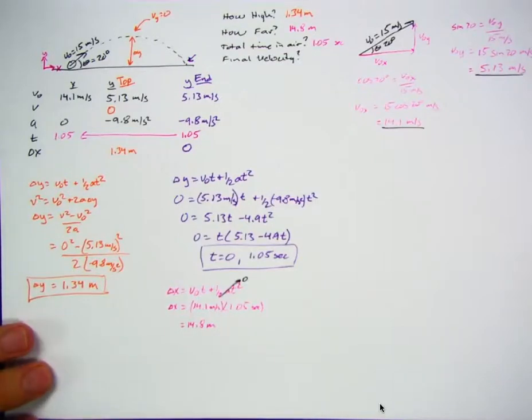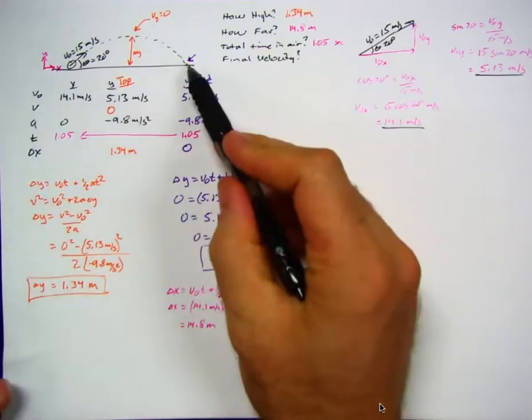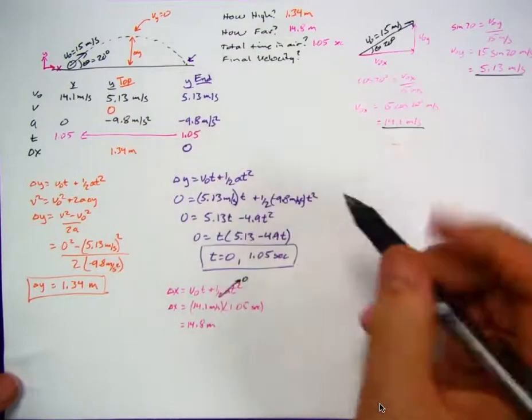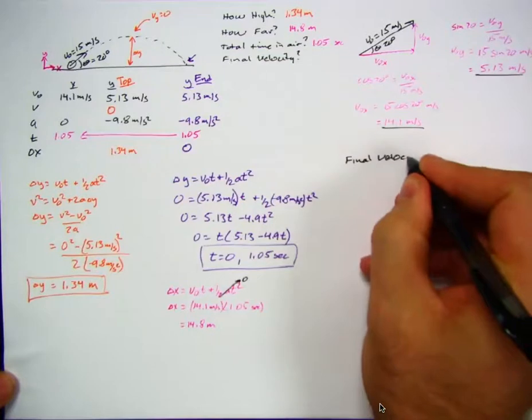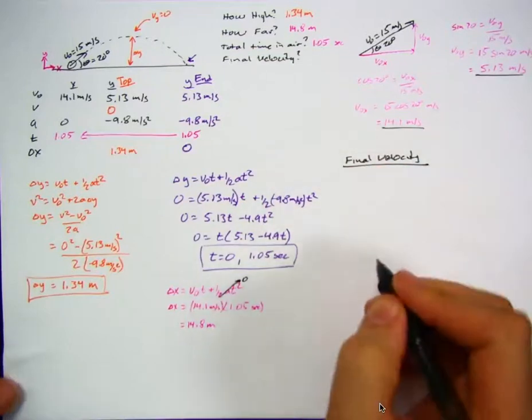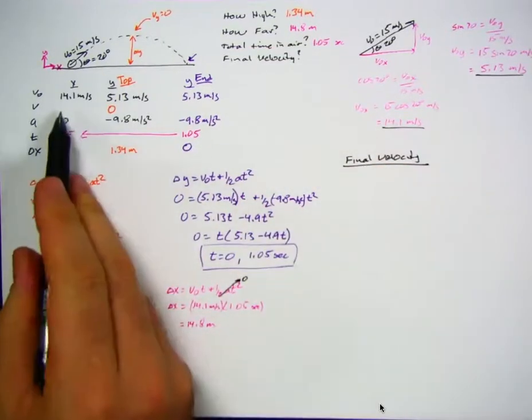Now, final velocity. Final velocity, we are talking about this position right here. So I want to know the x velocity and the y velocity right here. Final velocity in x actually is pretty easy.